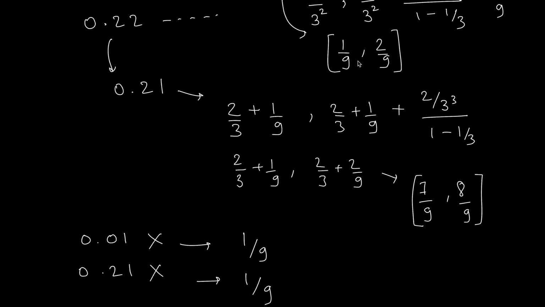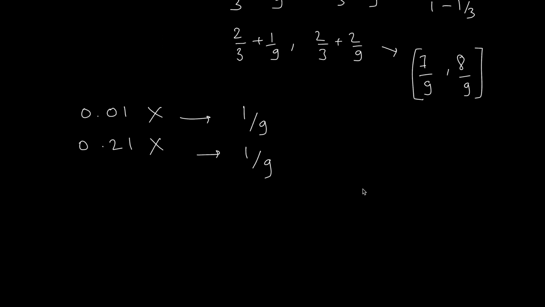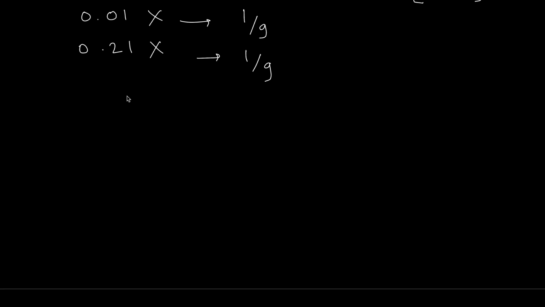Because each of these intervals has a length of 1 by 9. So the measure we are left with after this process is, earlier measure was 2 by 3 after deleting A1. Now we have to remove 2 by 9. This gives us 4 by 9, which is nothing but 2 by 3 square.